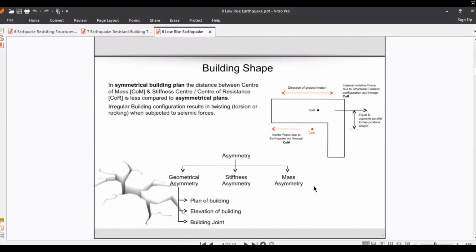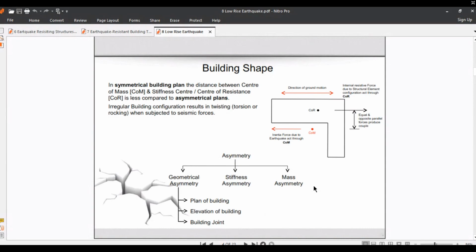Based on building shape, we have three types of asymmetry. One is geometrical asymmetry, that can occur in the plan of buildings, the elevations of buildings, or building joints.